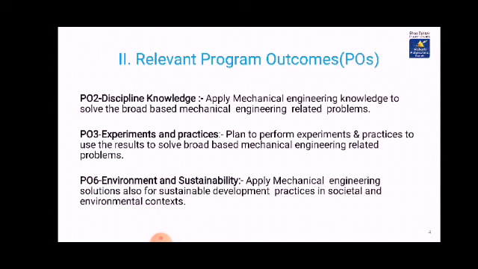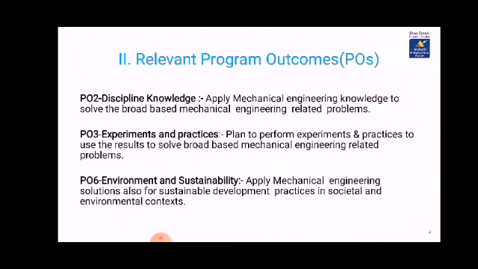The program outcomes, POs, are: PO2 discipline knowledge, apply mechanical engineering knowledge to solve broad based mechanical engineering related problems. PO3 experiments and practices, plan to perform experiments and practices and use the results to solve broad based mechanical engineering related problems.